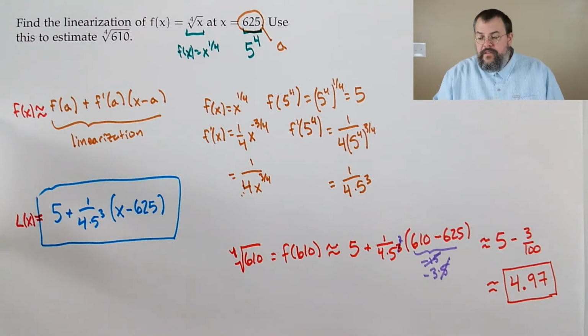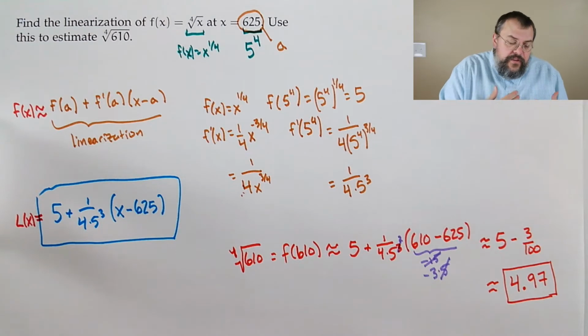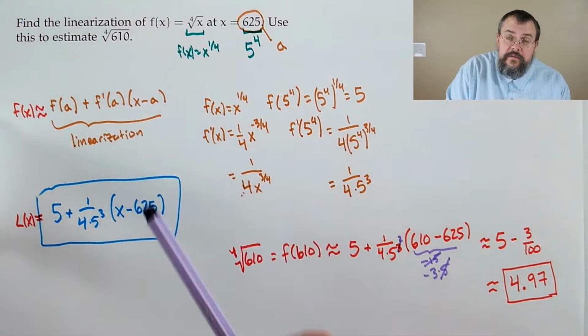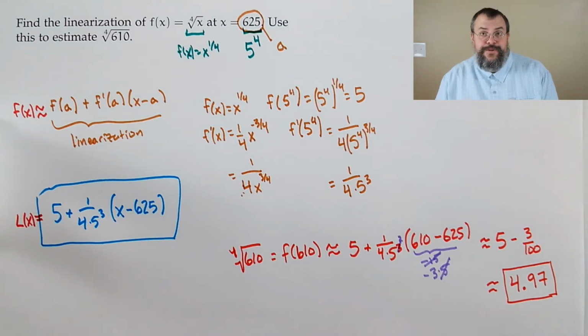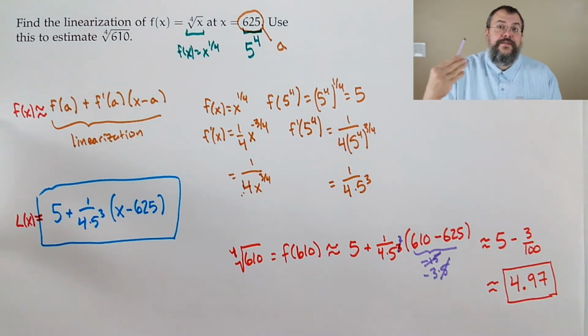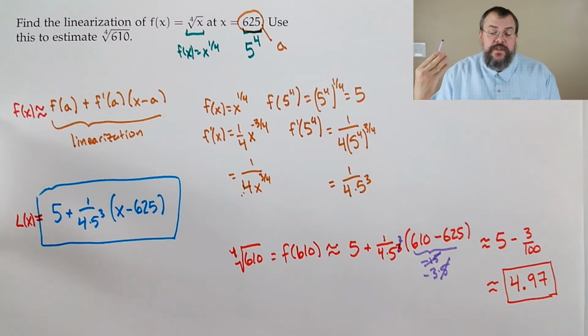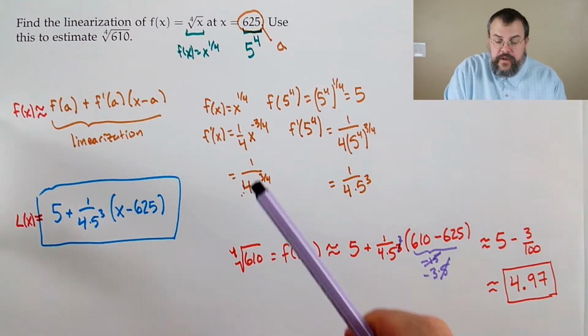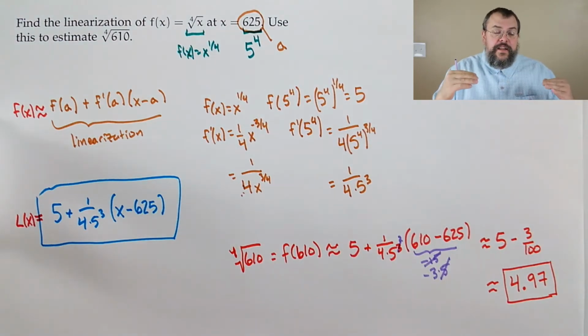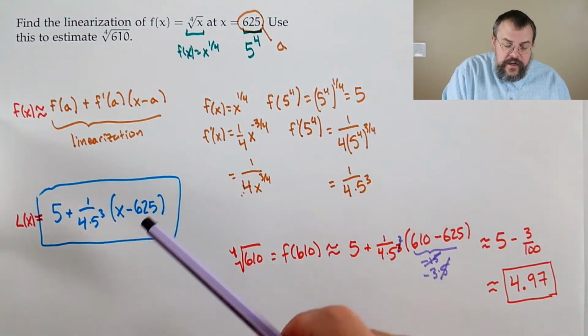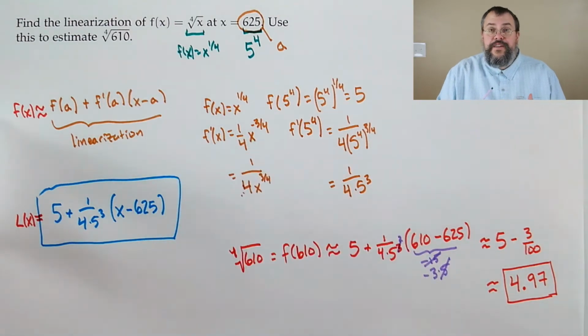See, the key is, we were estimating the fourth root of 610. Well, computing this is hard because 610 is not a perfect fourth power, but it's near one. So we can say, let's use the information about the point nearby, which is easy for us to get a handle on, in this case 625, and then follow the tangent line at that point to get an understanding of what this should be approximately.